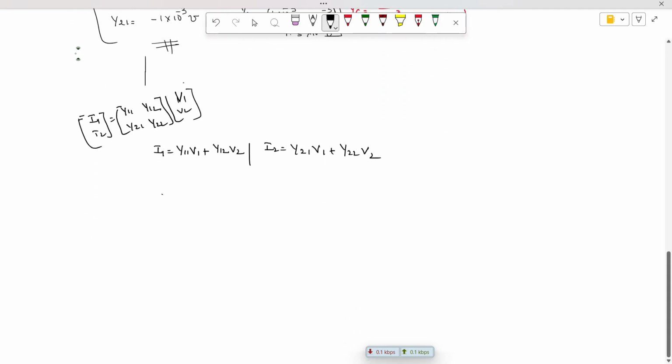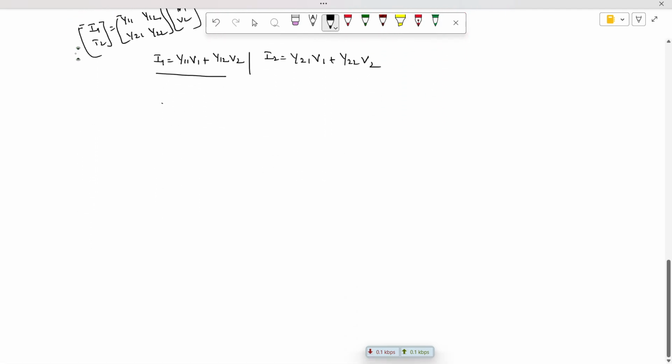Now we want to draw this equivalent circuit. Consider this as an input port and this as an output port, with equations of KCL. I'm taking a voltage V1 and the current entering the branch is I1. How to draw this, I already explained in the previous videos on Y parameters.